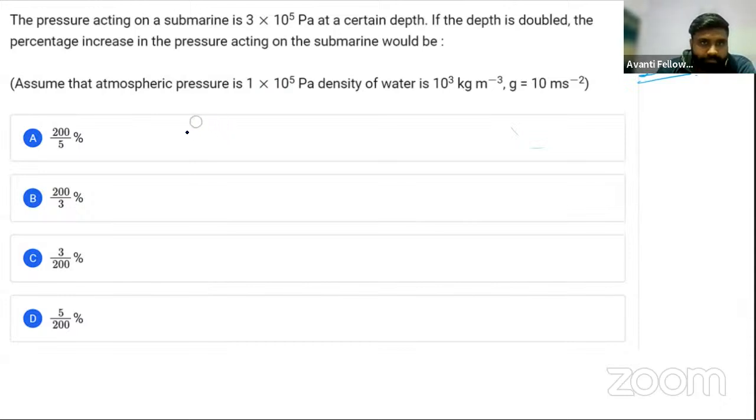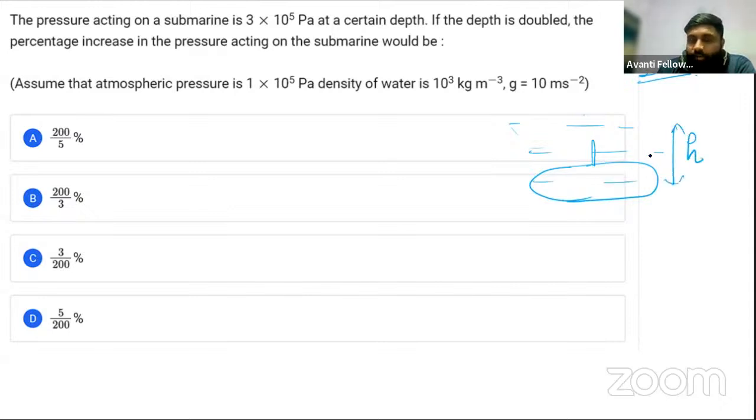Now, let's say our submarine is at height or depth h from the free surface.